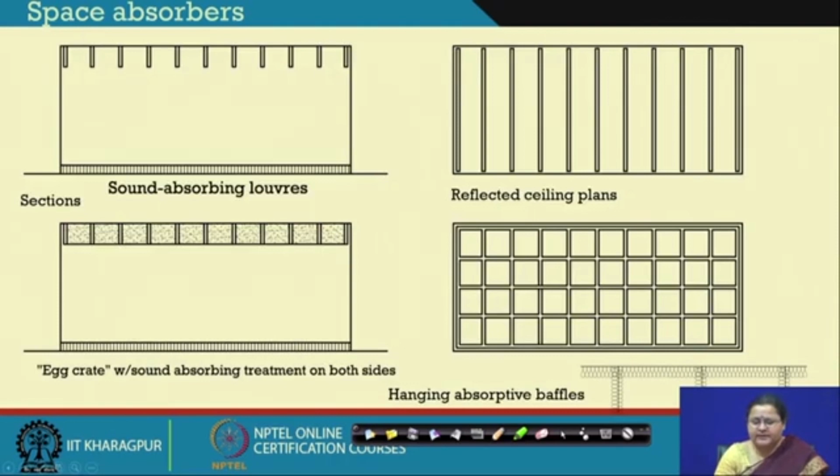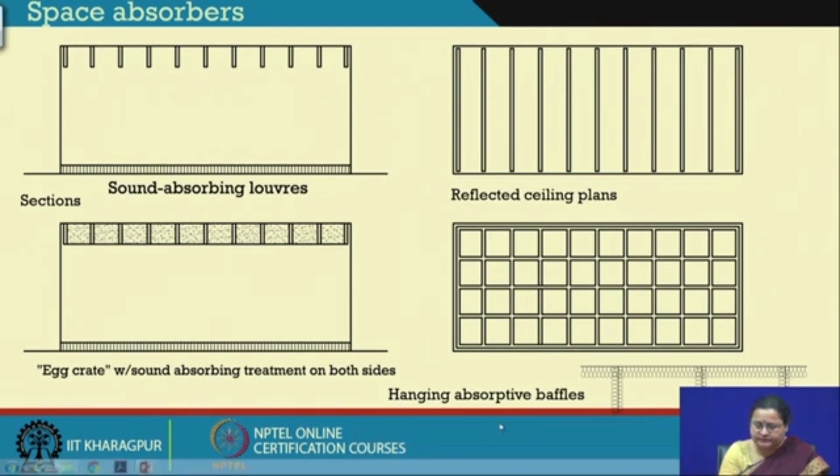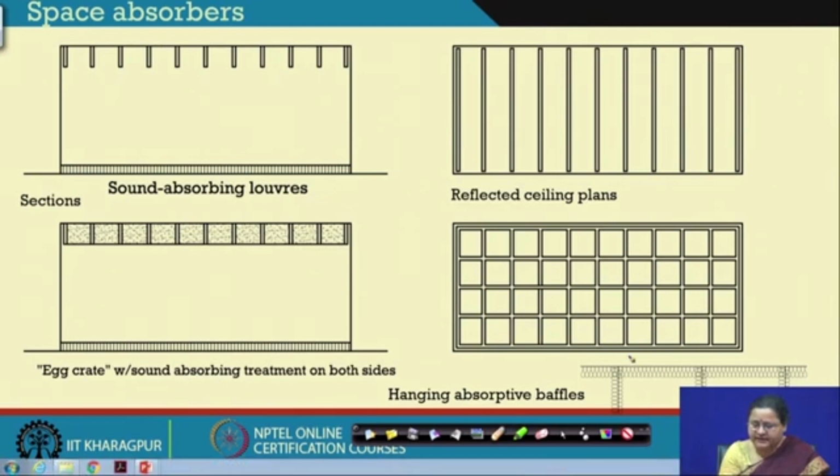We can also adopt space absorbers. We can increase the area by putting vertical absorptive baffles, not like the panel absorbers, but absorptive baffles, as you can see here in this picture. These are absorbing materials, and these are also absorptive materials all along the ceiling.